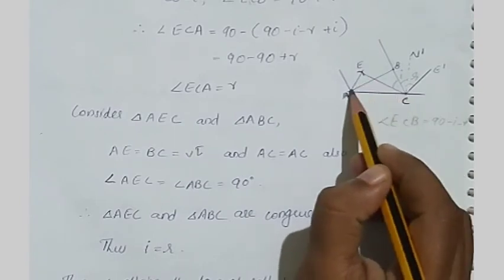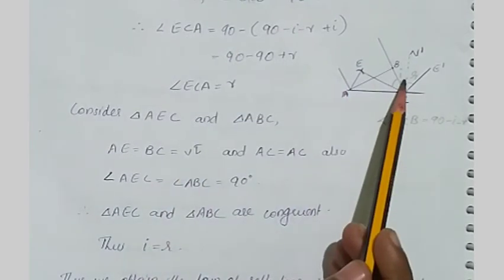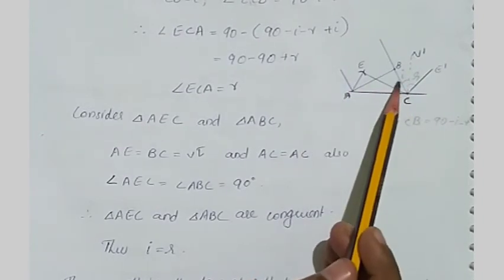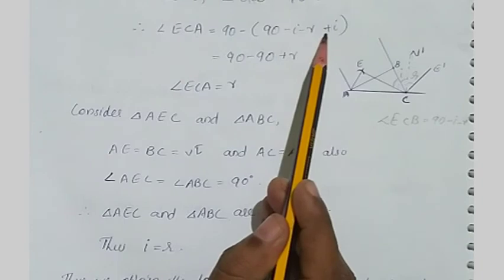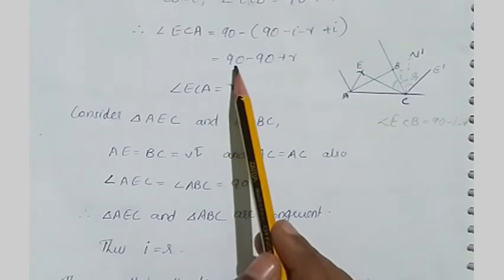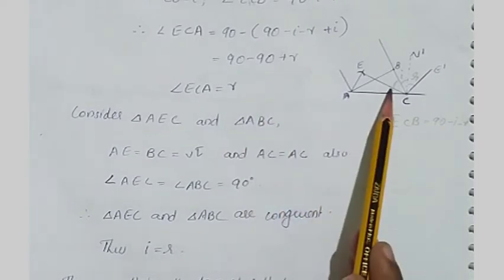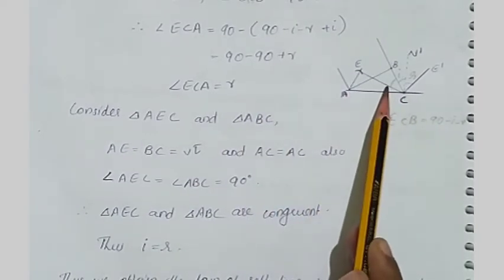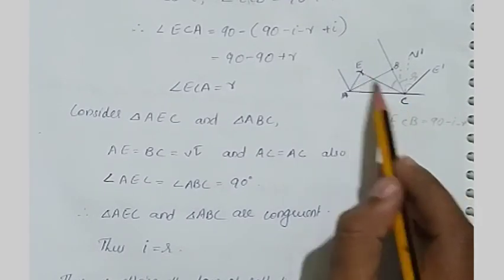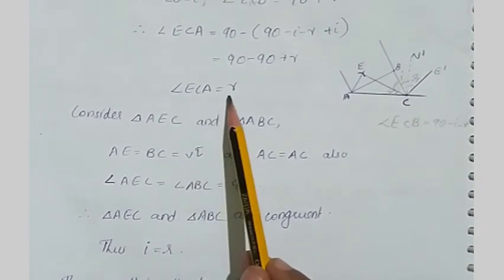So angle ECA can be written as the total of 90 minus these two, that is, 90 minus 90 minus I minus R plus I. In total we obtain angle ECA as 90 minus 90 plus R, which makes it R itself. So the angle ECA becomes R. One of the angles in the triangle AEC, the angle ECA, is R. Thus we obtain angle ECA to be R.